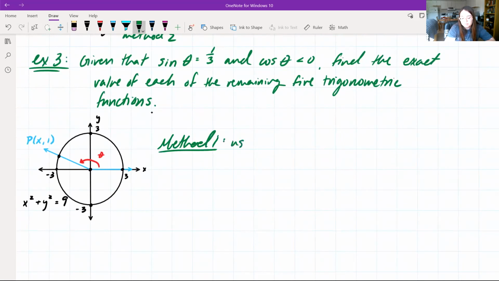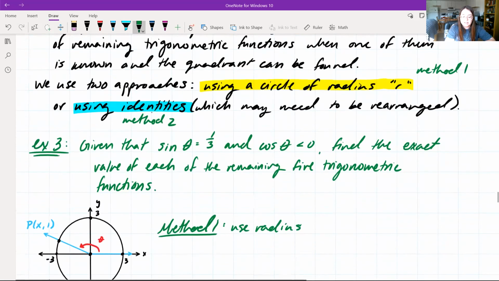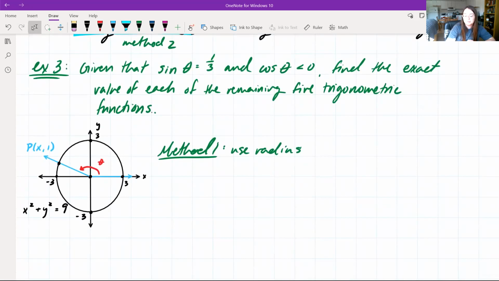So method 1 is using our radius, or using a circle of radius r.